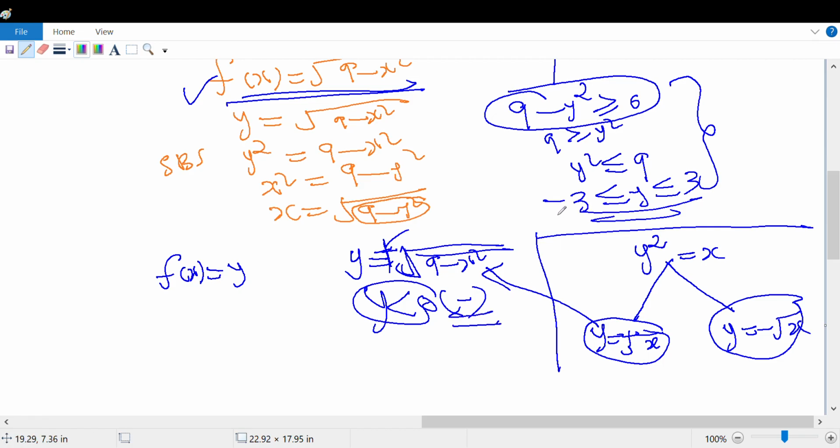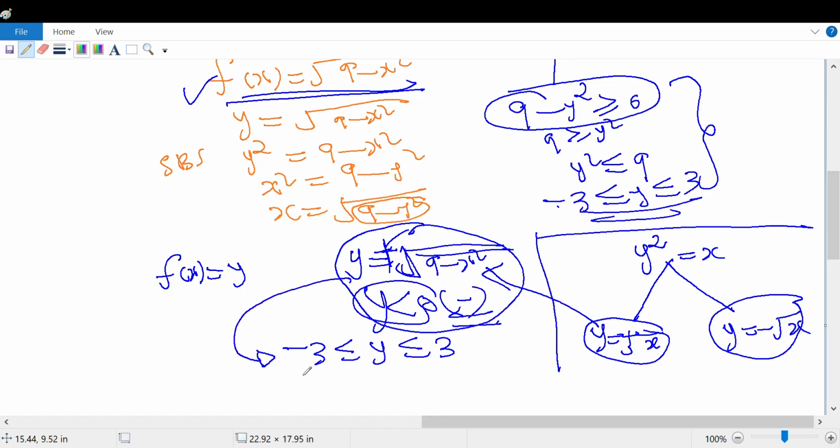But here we are getting y value is minus 3 less than or equal to y less than or equal to 3. Since y value cannot be less than 0, minus 3 to 0 will be rejected because of this reason. So that y value will be between 0 and 3, including 0 and 3. That means in an interval form that will be closed 0 to 3.